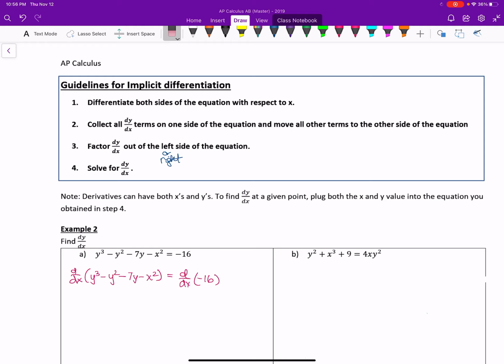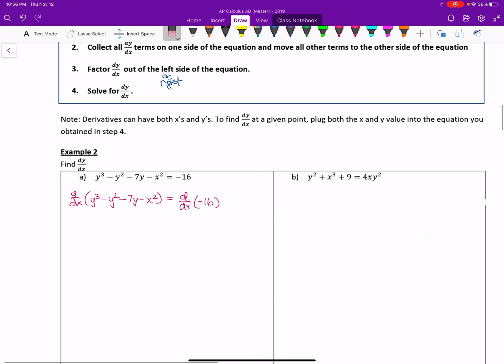I know it's a pain to have to rewrite stuff, but in this case, you're going to have to do it because you're indicating what variable you're taking the derivative of. Then we're going to go ahead and do each part. So 3y squared. That's the derivative using the power rule. And then using the chain rule, I get dy dx.